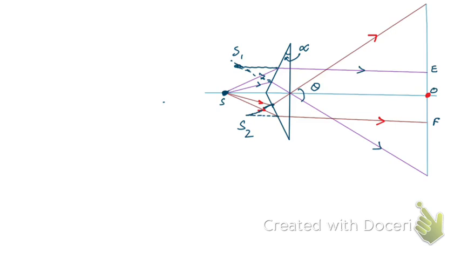Now let me consider that the distance between these two virtual sources S1 and S2 is small d, not capital D, and the distance from these sources to the screen is capital D. In that case you can compare this setup with Young's double slit experiment.